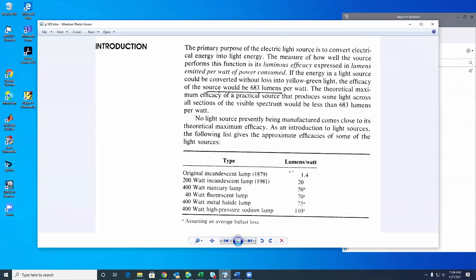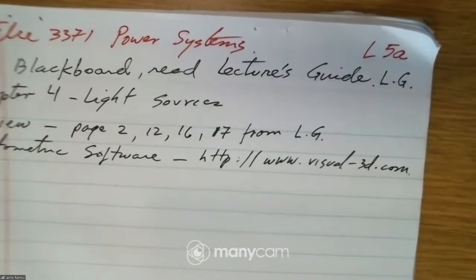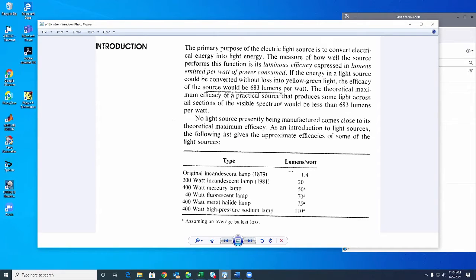The primary purpose of the light source is to convert electricity into light energy. How well the source performs is called the luminous efficacy, expressed in lumens emitted per watt of power consumed.